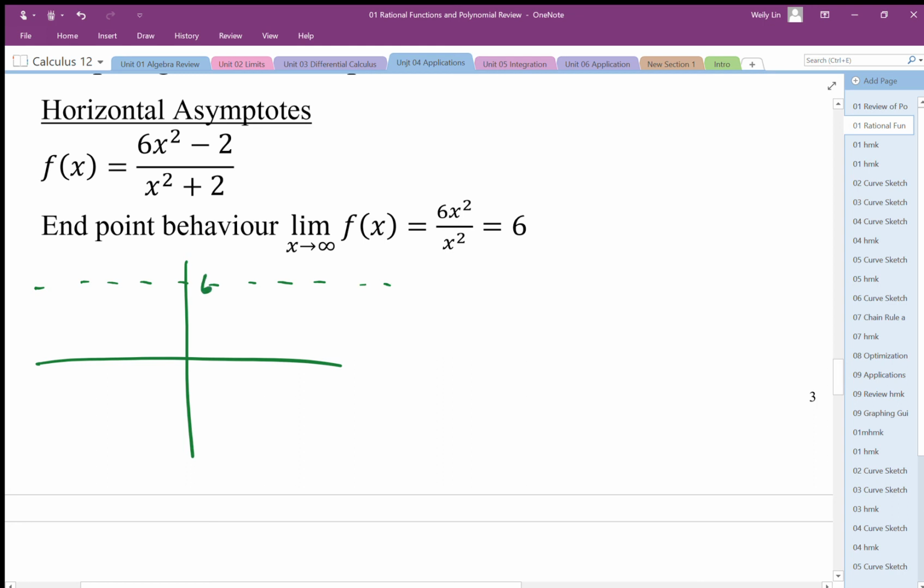If we solve this equation, the numerator gives us 0. When the numerator is 0, the equation, f of x, is equal to 0. So when I solve this, I get x equals plus or minus the square root of 1/3. So I know I'm going to have zeros here and here.